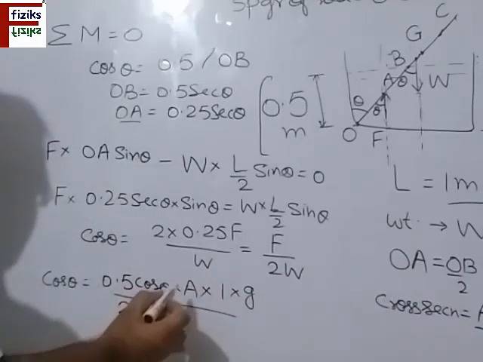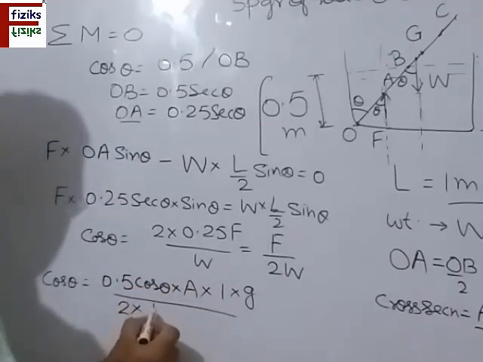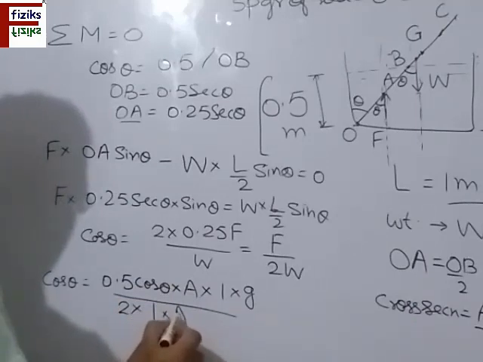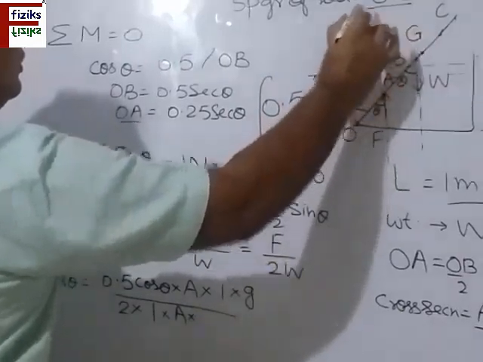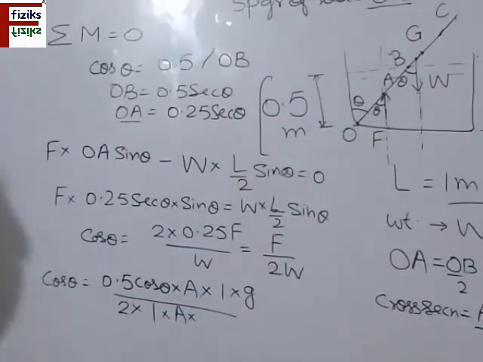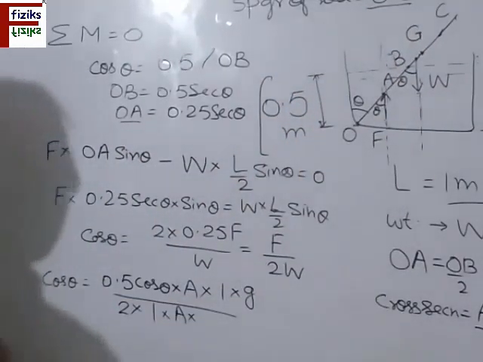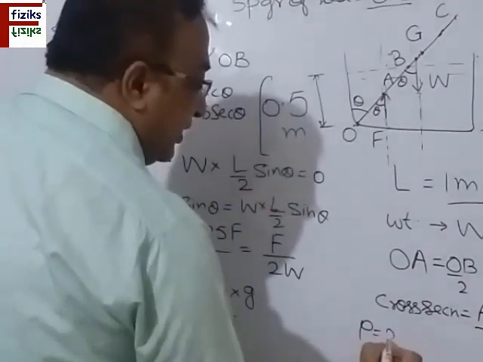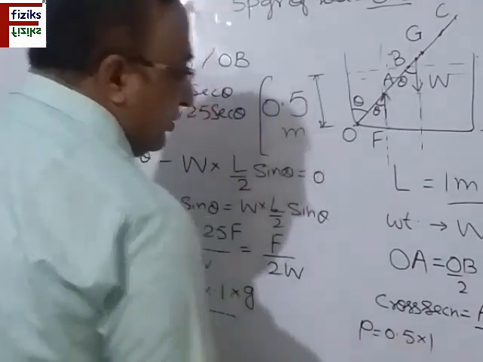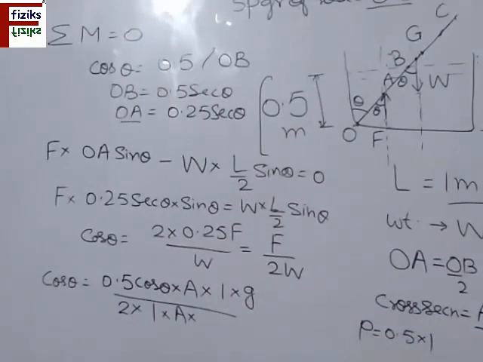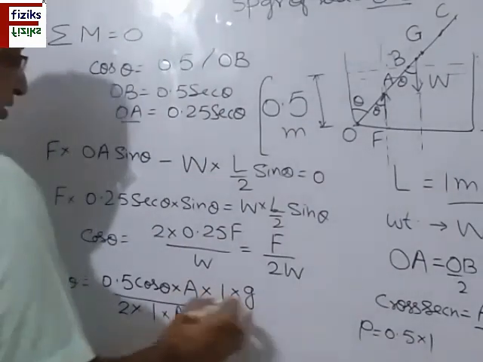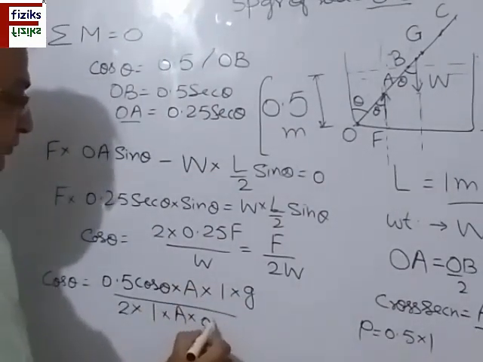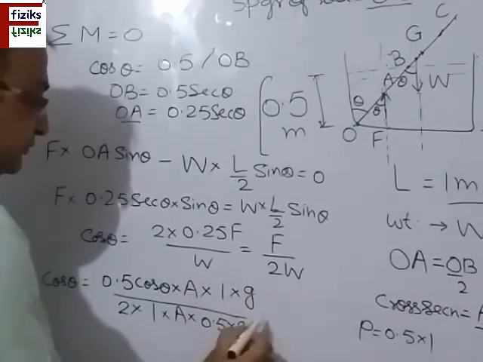W is the weight. Weight is volume, that is length, 1 meter, area of cross section, this is volume, into density of the rod. Specific gravity is 0.5. So density is specific gravity into density of water. Here I have taken density as 1 because this is in gram per centimeter cube, multiplied by g.